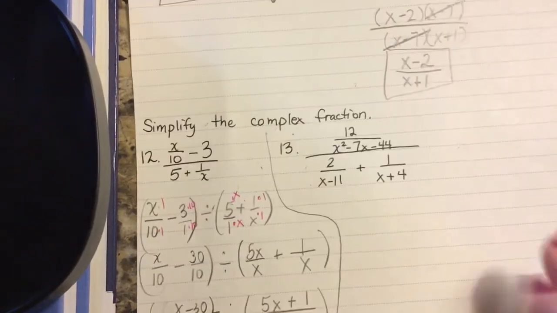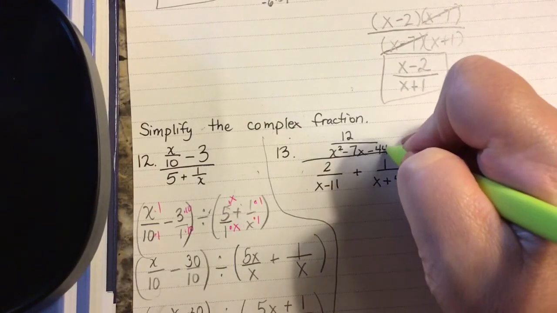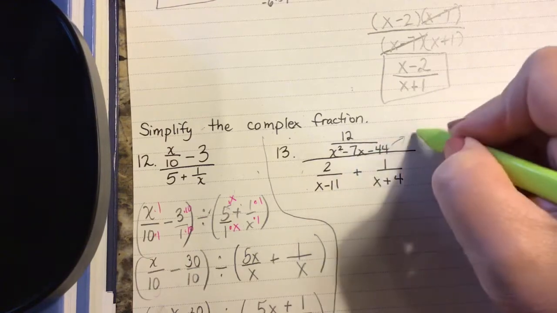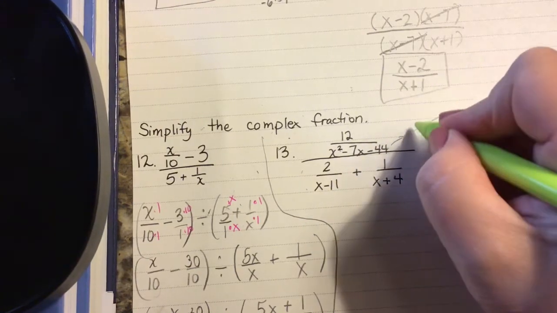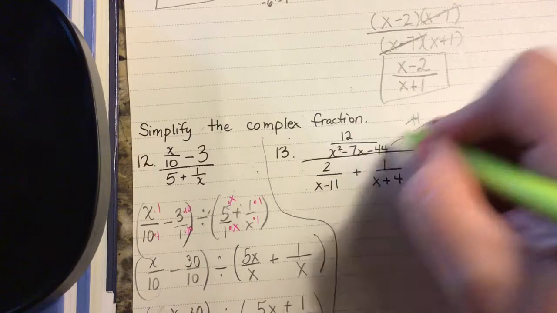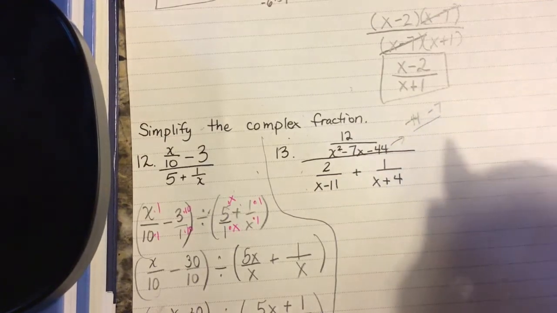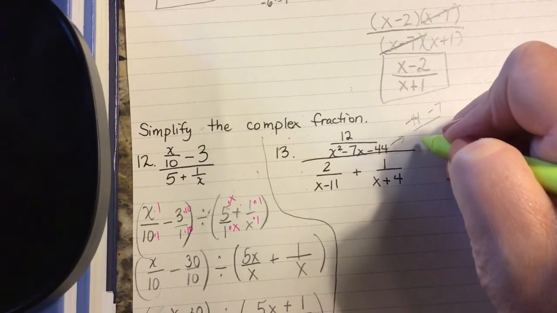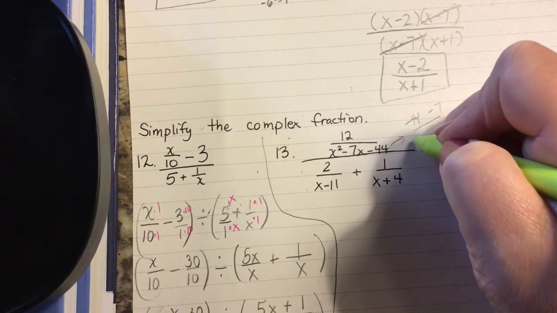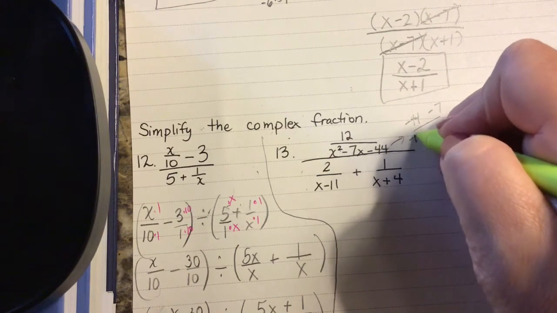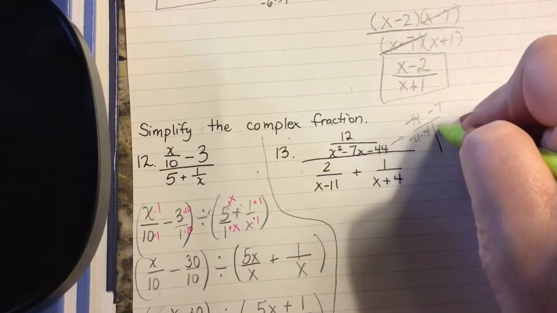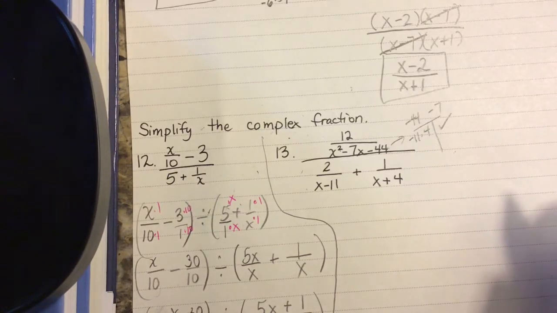Then for number 13, I need to factor this denominator. That would be factors of negative 44 that will give me a sum of negative 7. That would be negative 11 and positive 4. Is that right? Yes.